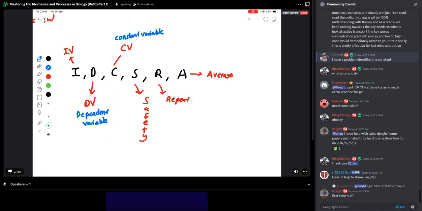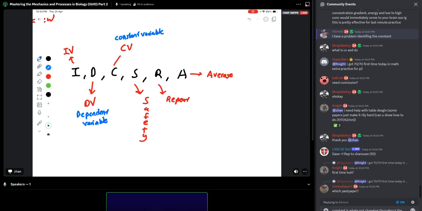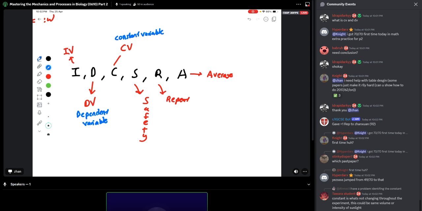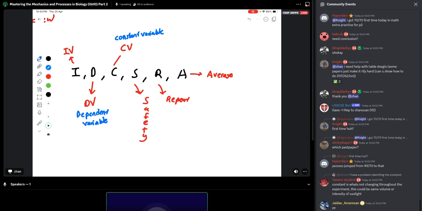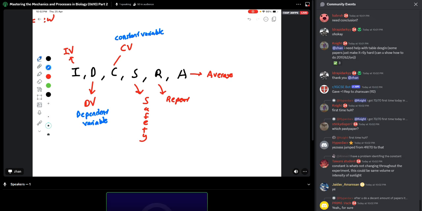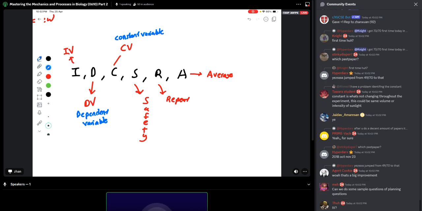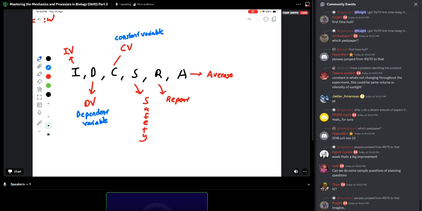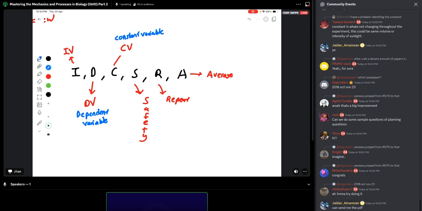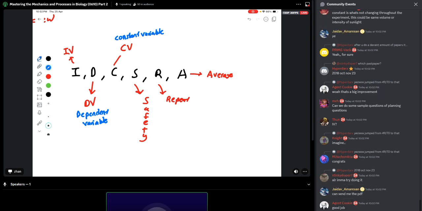All right, so does this make sense? How to structure your constant variable, for example: I'm testing for osmosis now, with potato. So the constant variable of the potato is to make sure that the species of the potato remains the same.